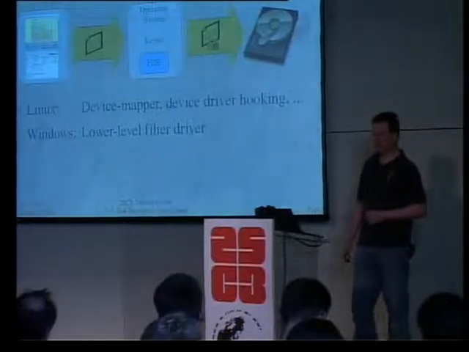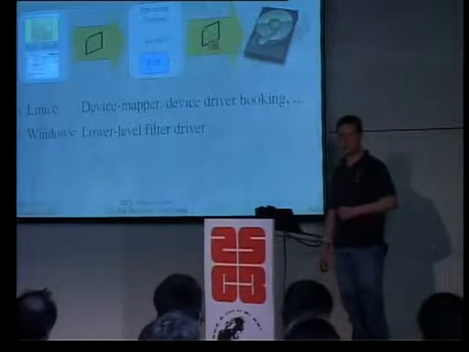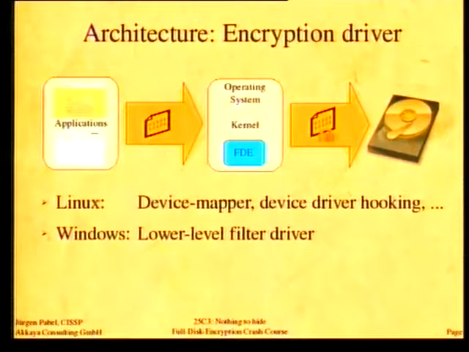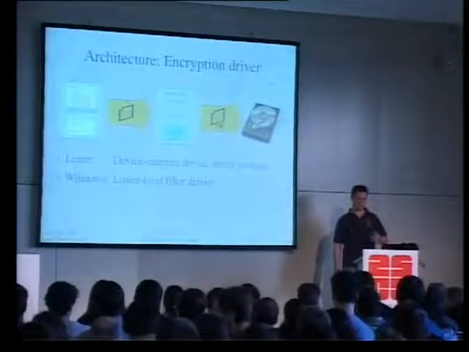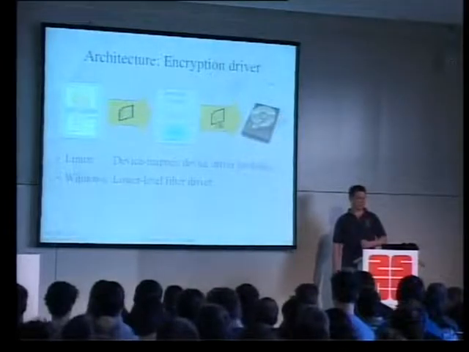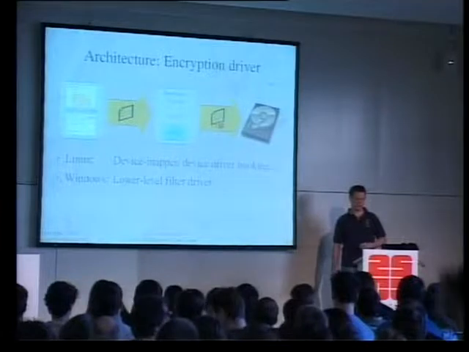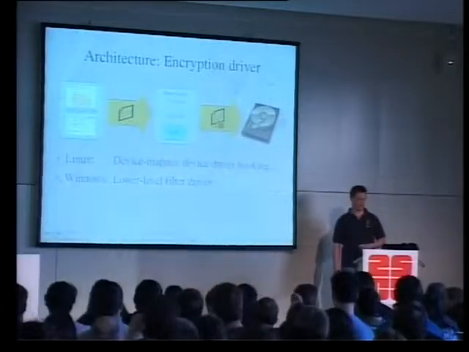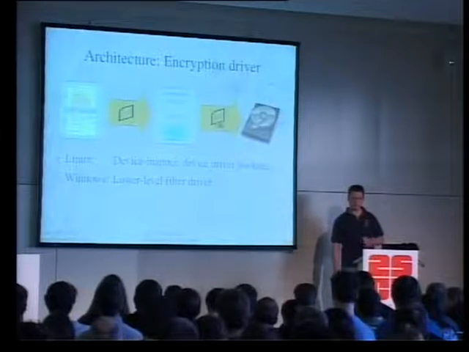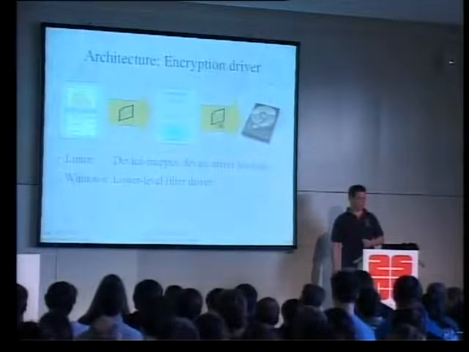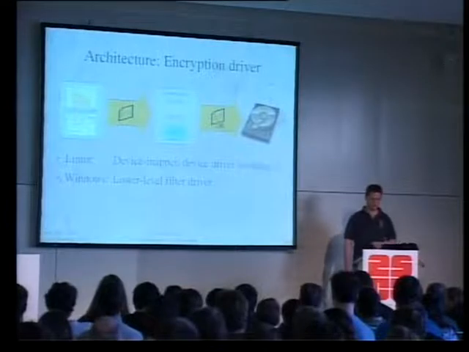In Windows, you have lower level filter drivers, and what these are is every Windows driver has a higher and a lower level filter driver, which is sort of a callback mechanism. It allows you to filter stuff, to work around bugs maybe in the lower level driver, and the lower level filter driver is also used to encrypt and decrypt the data to and from the hard disk.